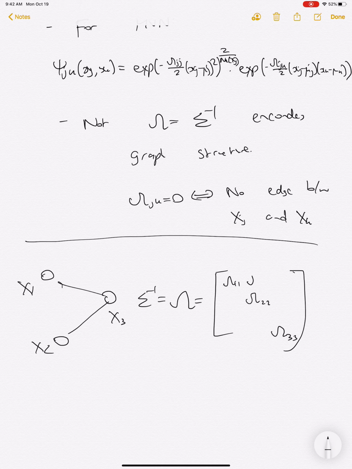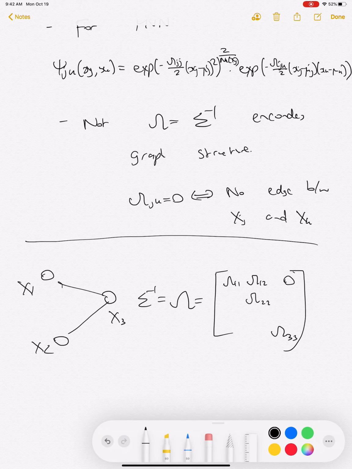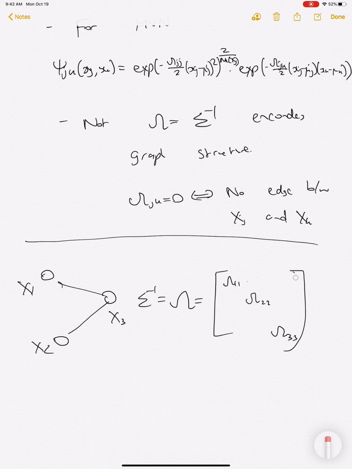And then we have an edge here, but we don't have an edge from 1 to 2, so those are zeros.